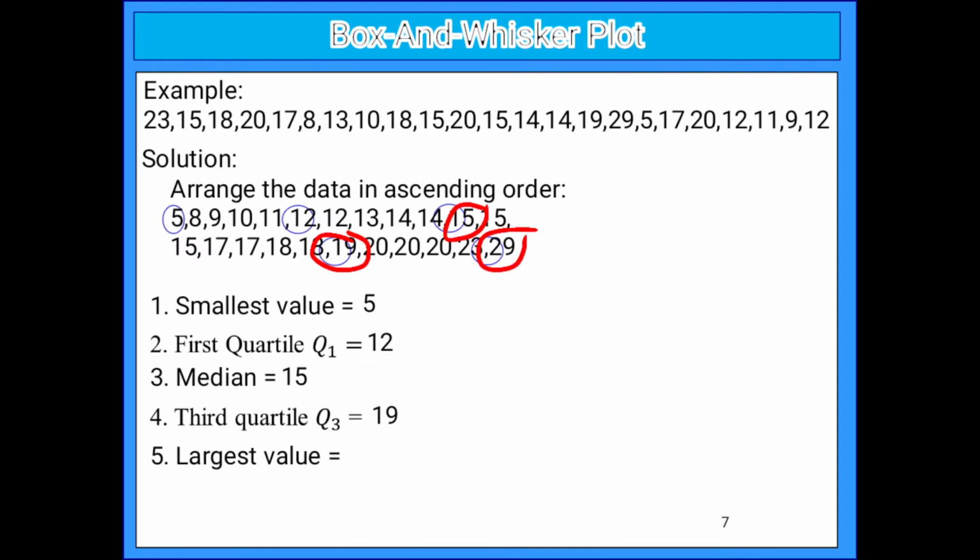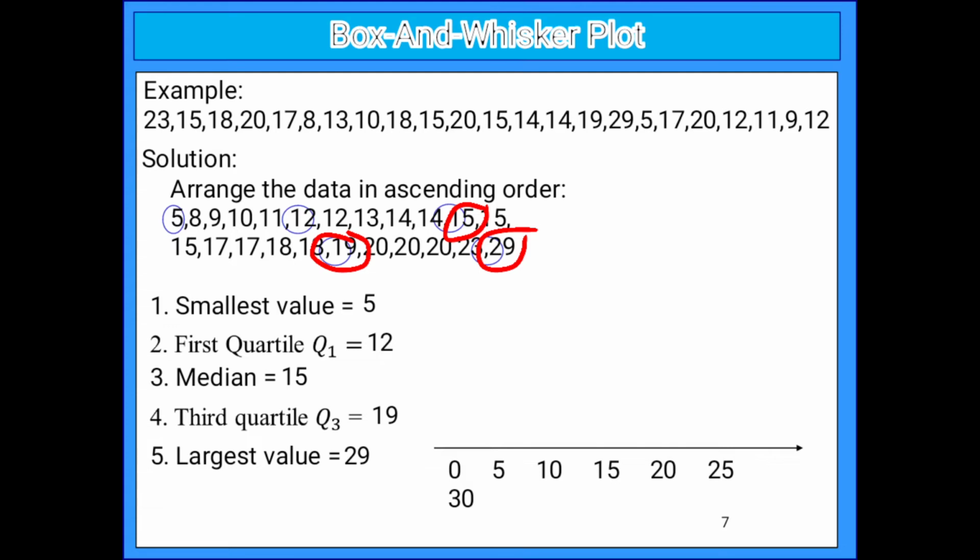Okay. Alright. So next step that we need to do to create a box and whisker plot, we need to draw a horizontal line like we are plotting the x values in a Cartesian plane.